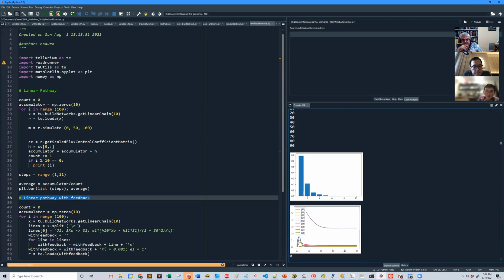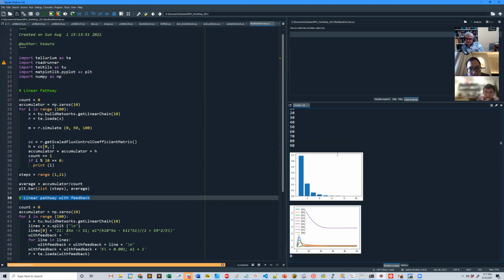The y-axis is the value of the control coefficient. The x-axis is step 1, step 2, step 3, up to step 10. Step 10 has virtually no control over the flux. Step 1 has most of the control, about 70%, because the whole lot has to add up to 1.